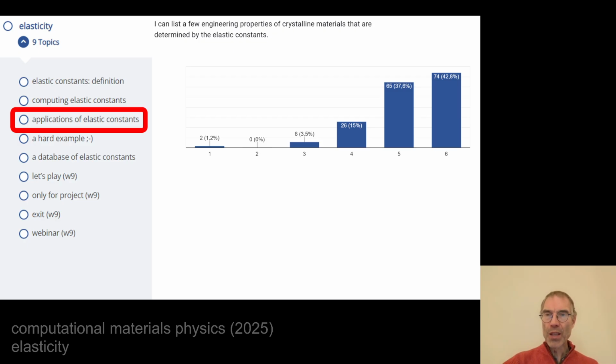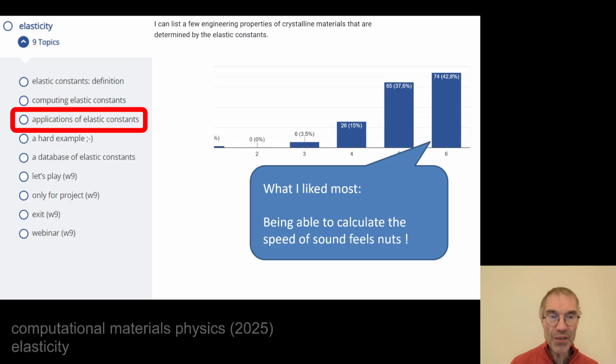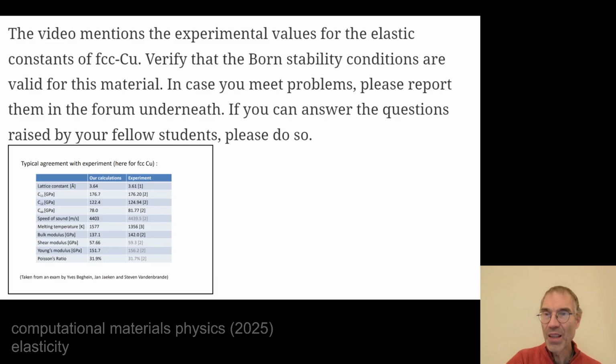Good. We are able now, at least in principle, to calculate these elastic constants. And the next thing we looked at were a few properties that depend on elastic constants. And that is something that several of you liked, because now suddenly, by knowing the elastic constants, you can calculate other properties up to the speed of sound in a crystal.